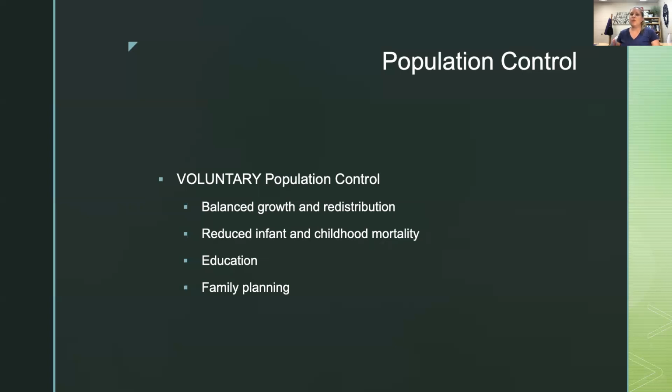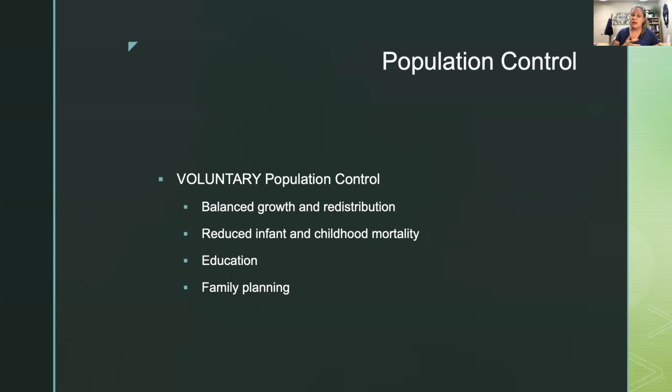So we know that population growth is putting a strain on our natural resource systems and the availability of natural capital and environmental resources. So there are a number of ways in which governments and policymaking bodies have attempted to control population growth. Now, really, if you want to start from a macro perspective, there are two categories of population control.